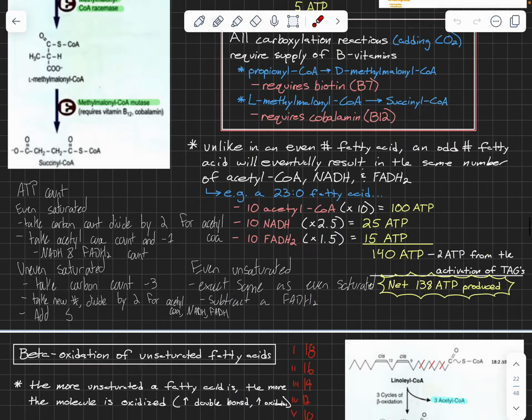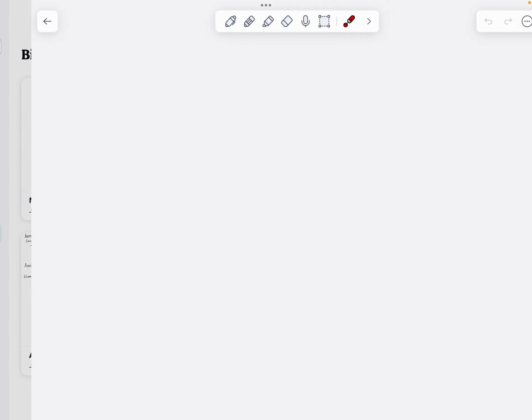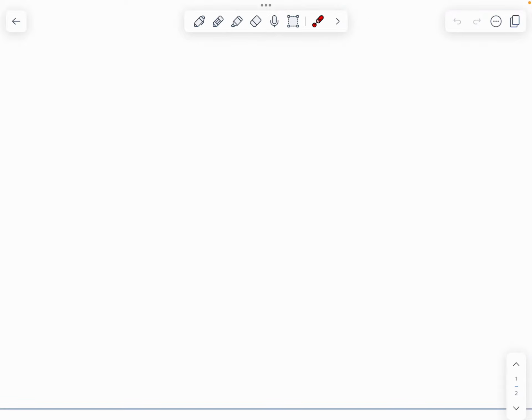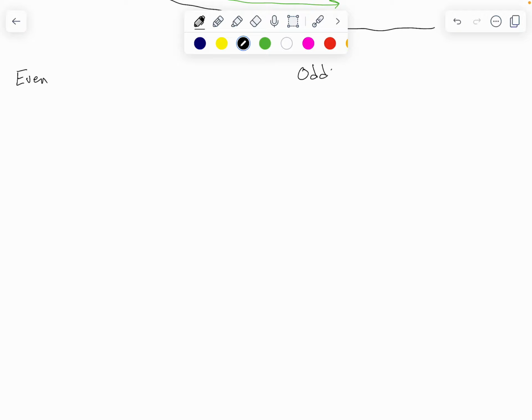So let's get into the math, because I really like the math on this. If you want to look at this from a very overly simplistic point of view, you're going to be getting a lot of questions about either even chain fatty acids or odd chain fatty acids.